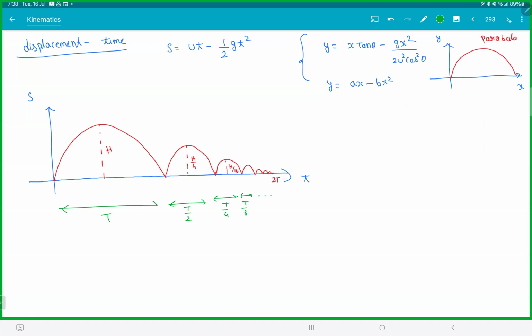Now, you know displacement time graph. How do you draw distance time graph? Try. Whenever they ask you to draw distance time graph, understand you have to first draw displacement time graph. How will we get a displacement time graph from here?